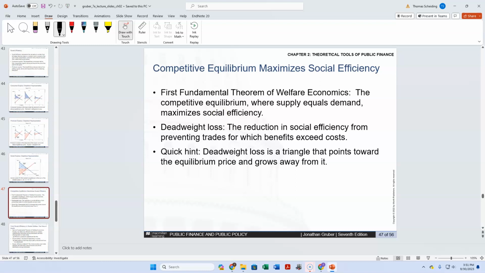But as we start to restrict the market, by either restricting the price or restricting the quantity, we create a deadweight loss, which reduces the total surplus or the social efficiency. So the whole point, in terms of what we even try to do here in public finance, is we try to reduce the size of that deadweight loss, a transfer of surplus that doesn't go to anyone else.